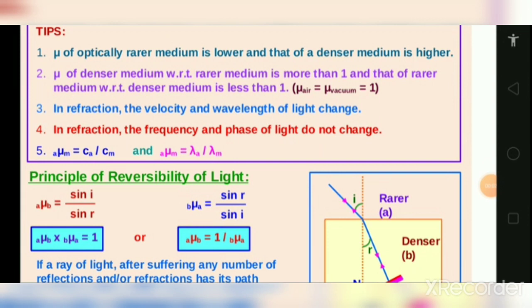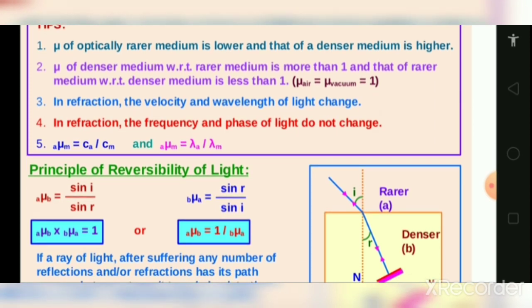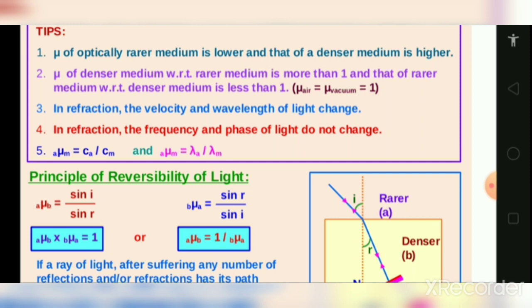Also remember the tip that eta or mu of an optically rarer medium is lower and that of a denser medium is higher. So the mu of a denser medium with respect to the rarer medium is more than 1, and that of a rarer medium with respect to a denser medium is less than 1.